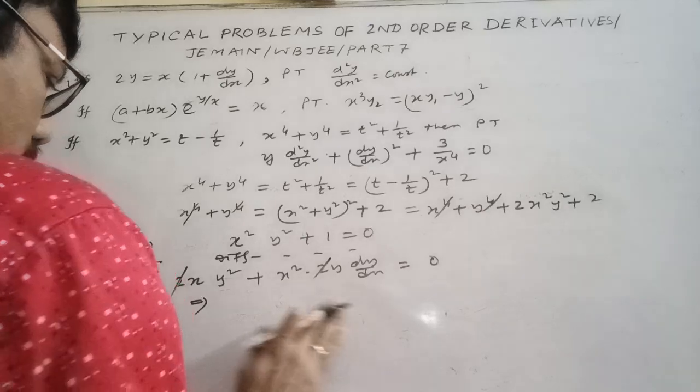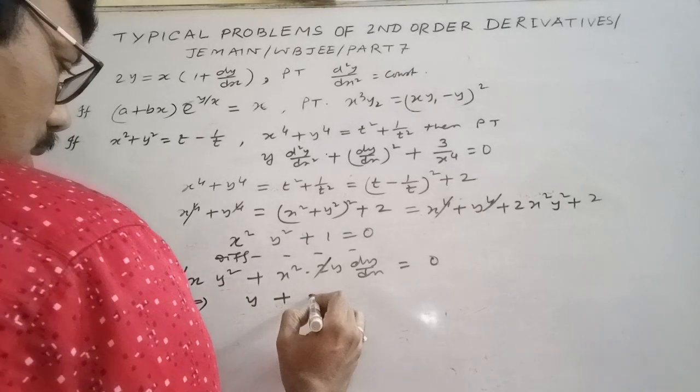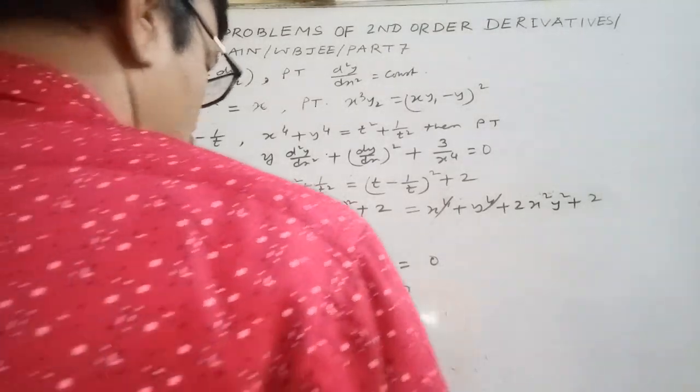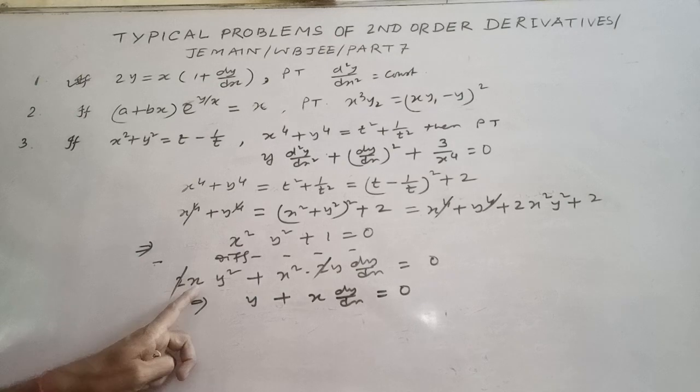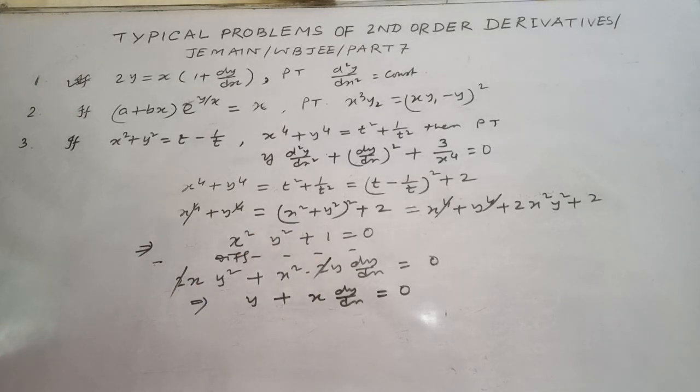So xy is cancelled, y plus x dy/dx equals 0.